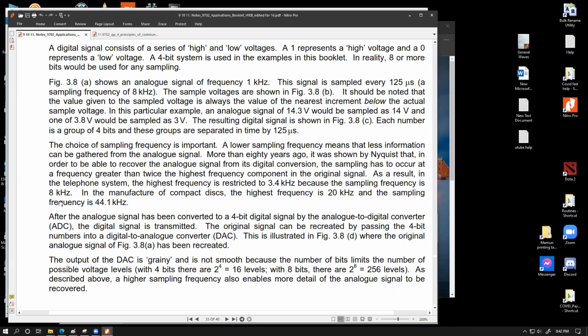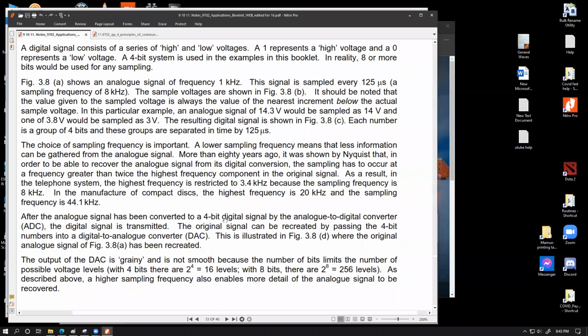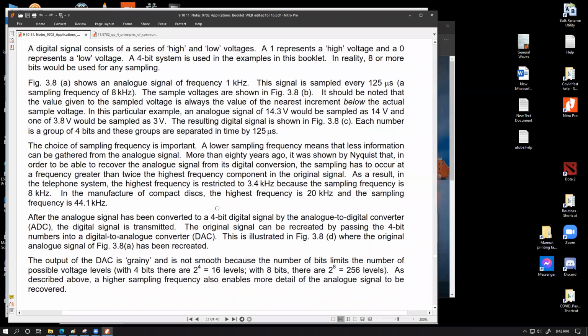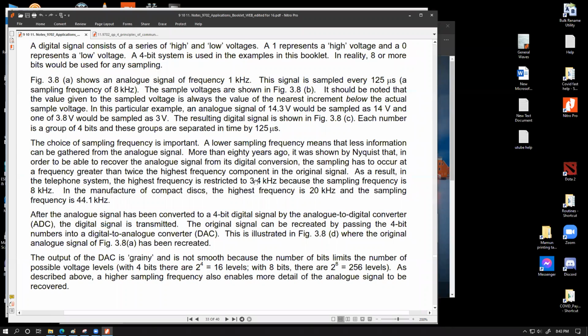So being 8 kilohertz means that you can work with a highest frequency of up to a maximum of 4 kilohertz. So they don't directly use 4 kilohertz. They have restricted the highest frequency to only 3.4 kilohertz. So 3.4 kilohertz means that double of this would be 6.8 kilohertz. So they have kept a bit of a gap of 0.6 kilohertz to the double value.